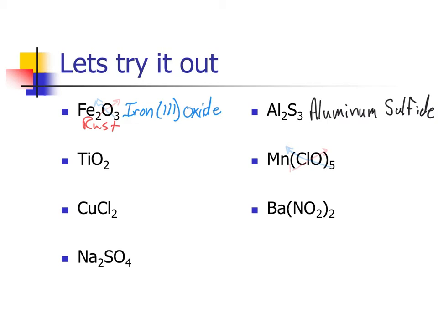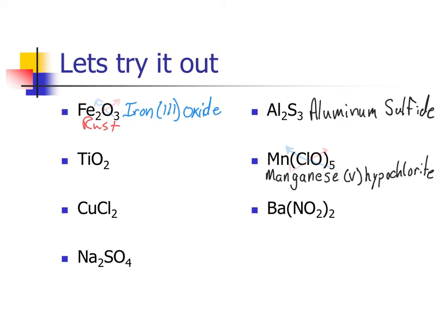hypochlorite. And because manganese is a transition metal, we need to make sure that we have our parentheses to have our Roman numeral, and then have hypochlorite. Notice that I did not change the ending of the polyatomic ion.